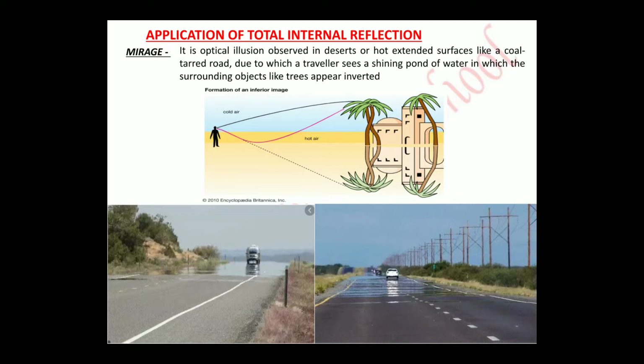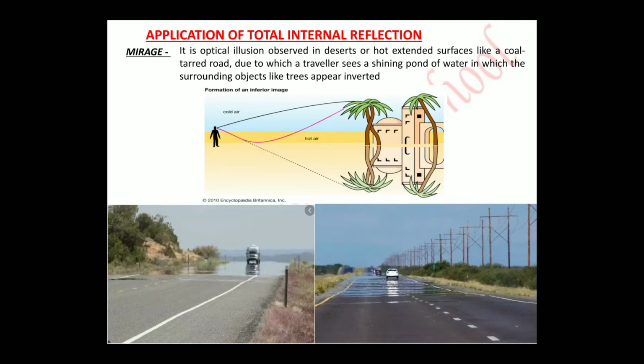Now what happens whenever a ray of light, suppose it is generated by the tree, is moving in the cold air only? It will move in a straight path. But when the ray of light passes into hot air, it is moving from cold air to hot air. Cold air was denser, hot air was rarer, so it is moving from denser to rarer medium.